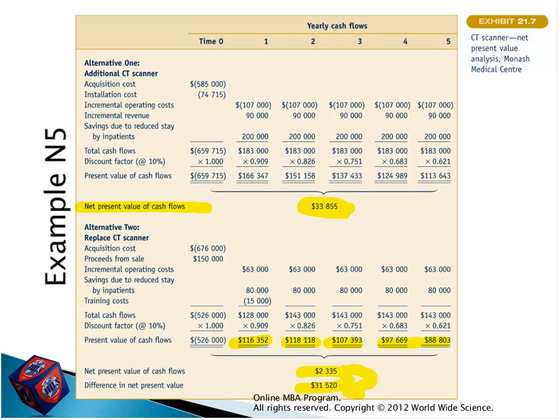Because in the second project we have only 2,335. So comparing those two projects, the best project, as we can assume, is the first project, alternative 1, where we have to buy an additional CT scanner, right? This is all about when we choose one project among the rest.